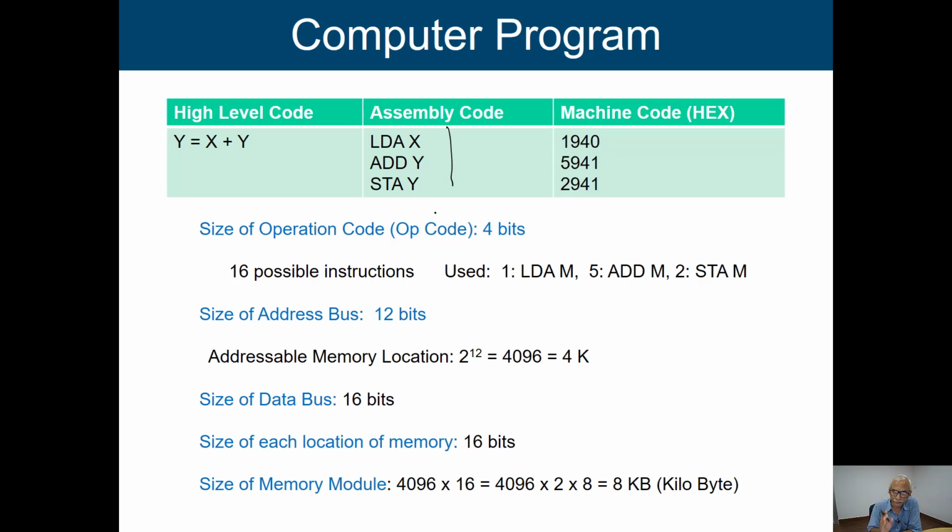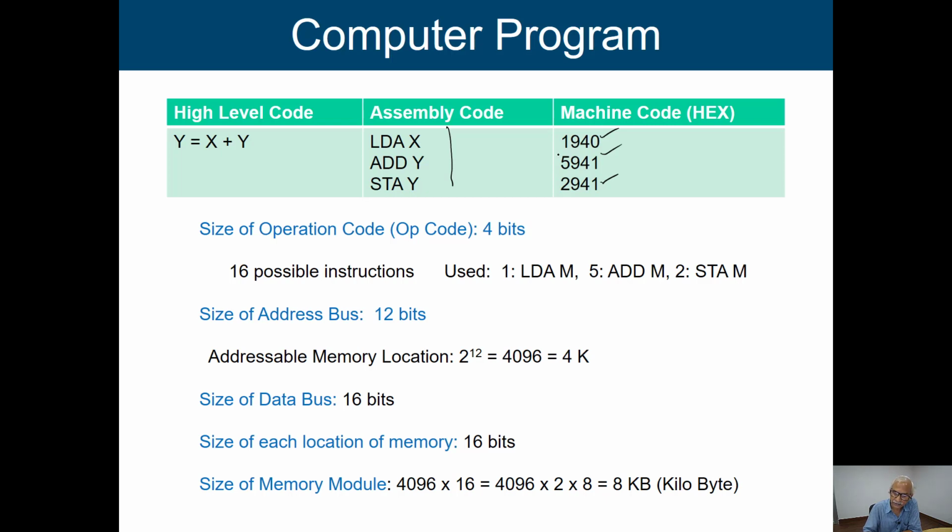That means for every instruction of a machine we have an assembly mnemonic or assembly code. And finally our machine can understand only binary values, not even binary values, signals high and low. So finally these are the machine code in hexadecimal: 1940, 5941 and 2941.